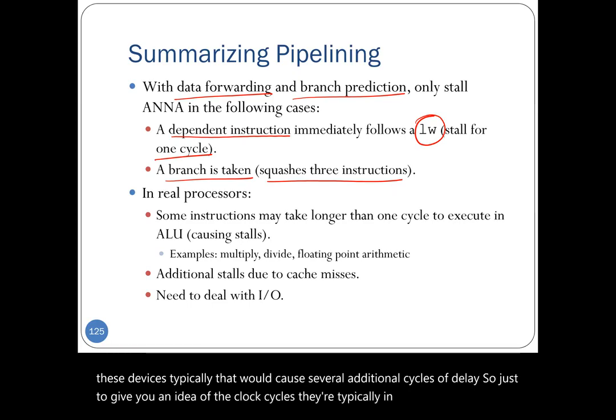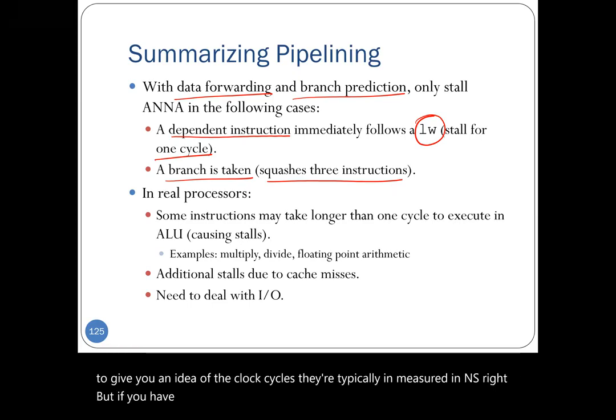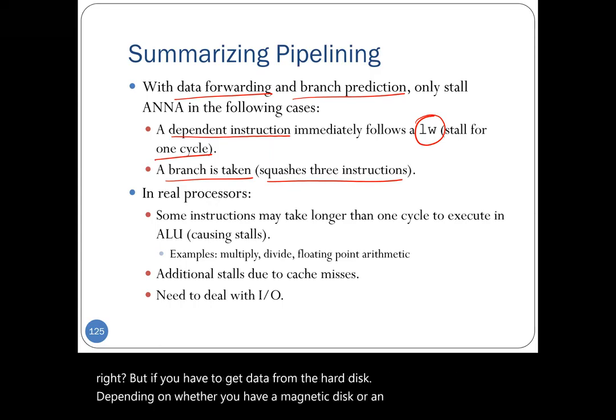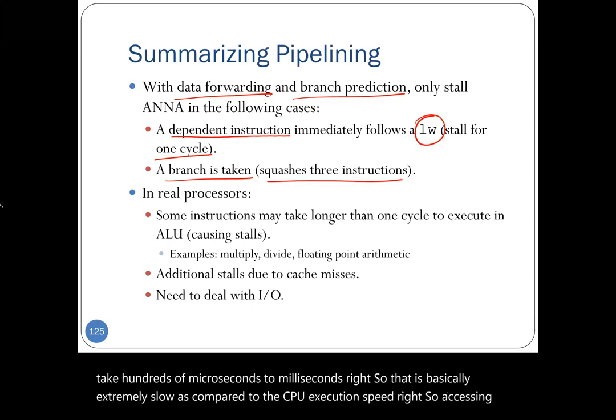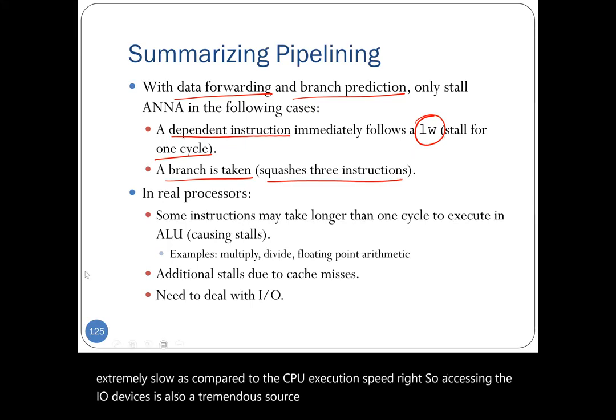But if you have to get data from the hard disk, depending on whether you have a magnetic disk or an SSD, getting the data may take hundreds of microseconds to milliseconds, right? So that is basically extremely slow as compared to the CPU execution speed, right? So accessing the IO devices is also a tremendous source of stalls in our microprocessor pipelines.